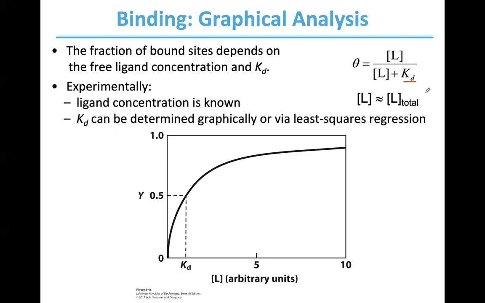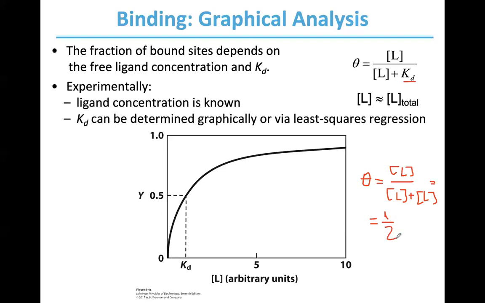And the second thing it tells me is that if my theta can be expressed like so, in other words, if my KD is the ligand concentration, then theta equals 1/2.